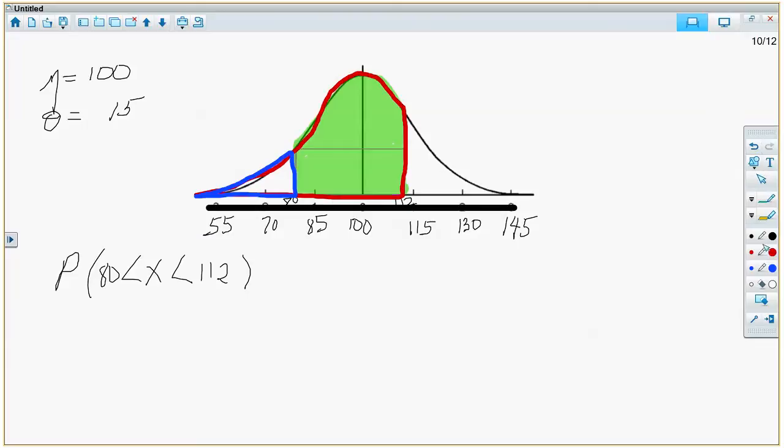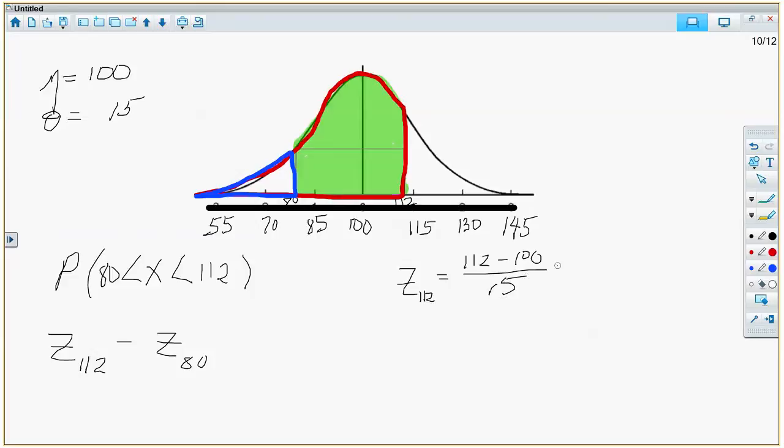So all we have to do is take our area at z of 112 and subtract our area at z of 80. Okay? So we've got to find our z-score at 112. z at 112 is equal to 112 minus 100 over 15.